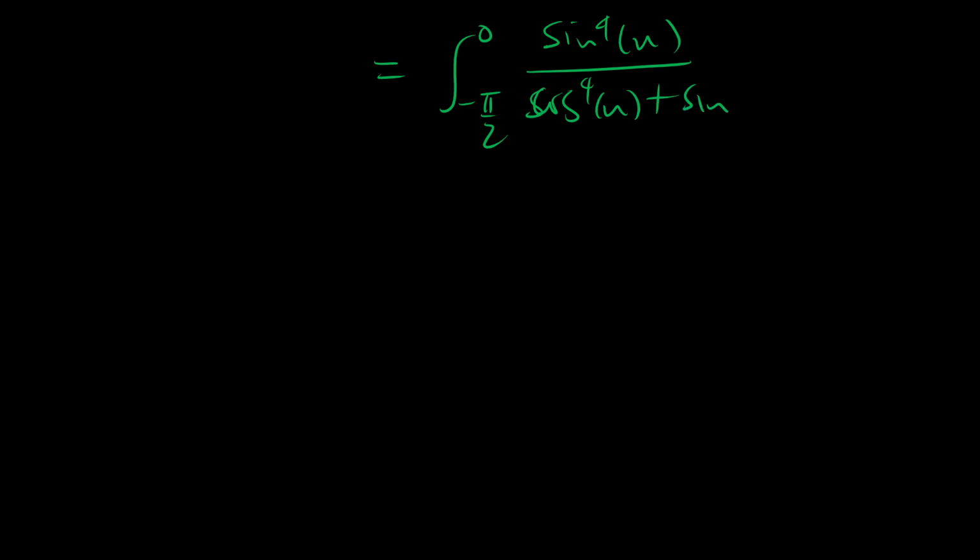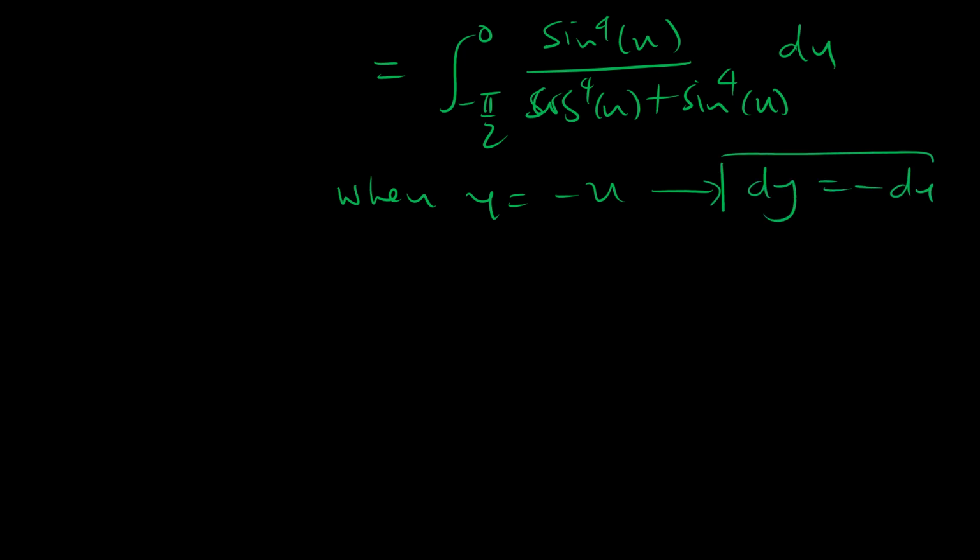So in other words, we do have negative, from negative pi over 2 to 0, sine over cosine plus sine, right? So that when we say y equals negative u, we see that dy is equal to negative du, or vice versa.